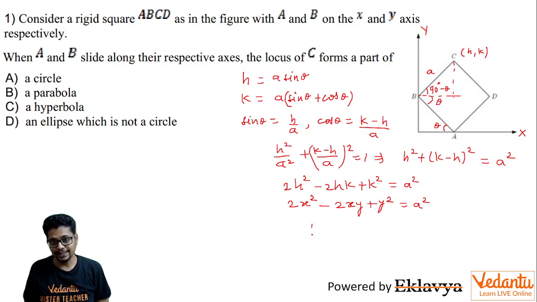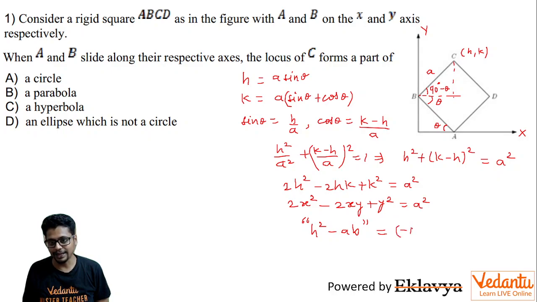And let's check the h square minus ab, and this h is different from this H. This h is corresponding to the general second degree equation in x and y, which is ax square plus 2hxy plus by square plus 2gx plus 2fy plus c equal to 0. So here this h square minus ab essentially is minus 2hxy.